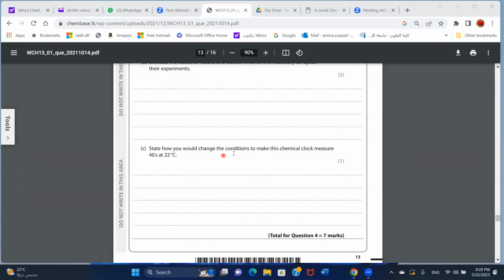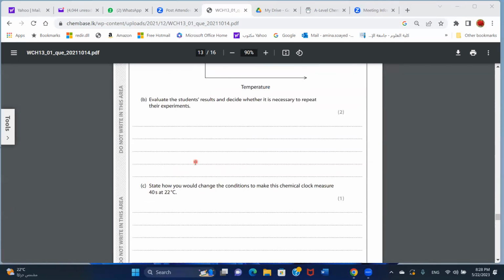State how you would change the conditions to make this chemical clock measure 40 seconds at 22 degrees Celsius. You have to read the question once more, and then I'm going to scroll up. Doctor, could you scroll up, please? Yes.